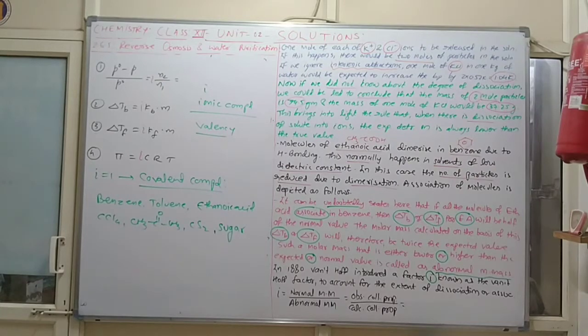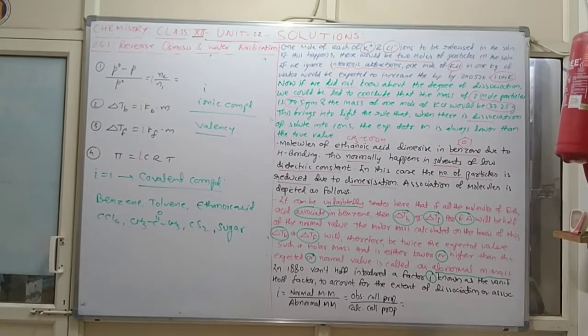In case of association, the value of i is less than unity, while for dissociation, it is greater than unity. For example, the value of i for KCl solution is close to 2, while the value for ethanoic acid in benzene is nearly 0.5. The inclusion of Van 't Hoff factor modifies the equation for colligative property.